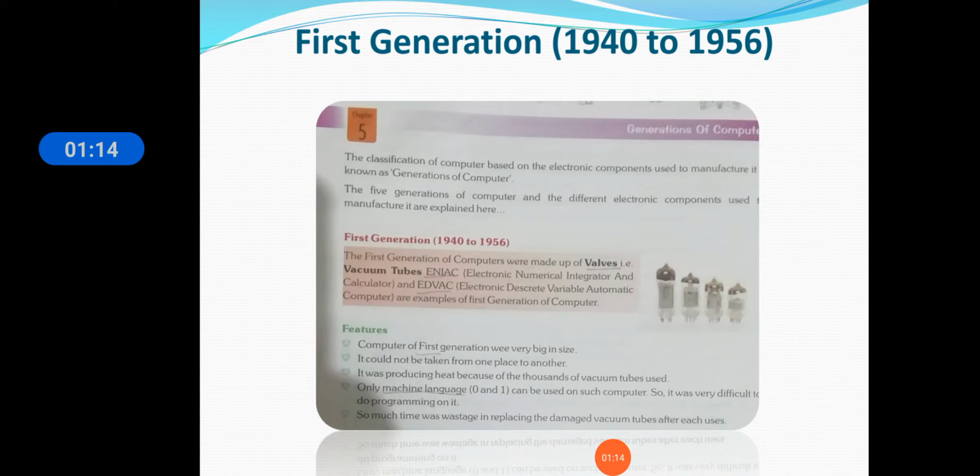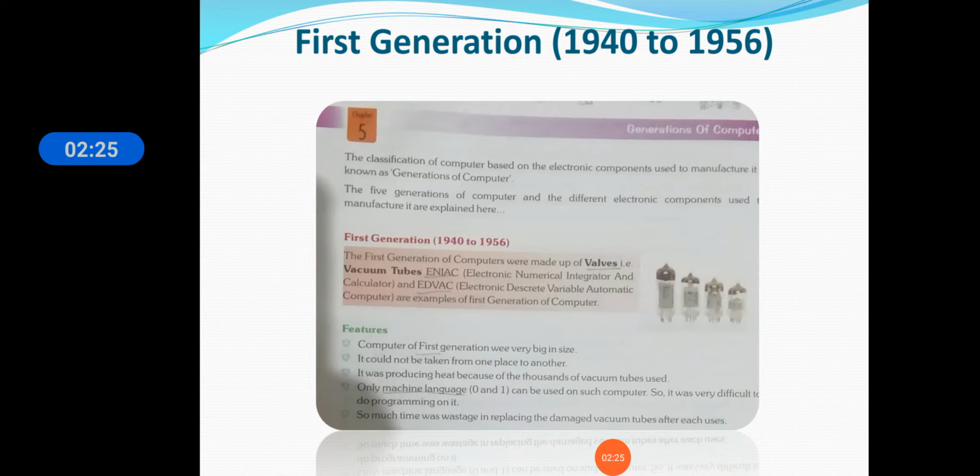So the first generation of computers are made of valves and vacuum tubes. ENIAC and EDVAC are examples of first generation of computers. You can see the components used for first generation of computers.